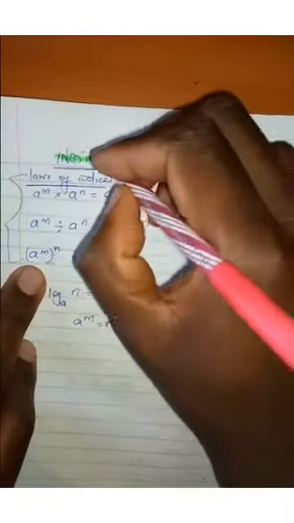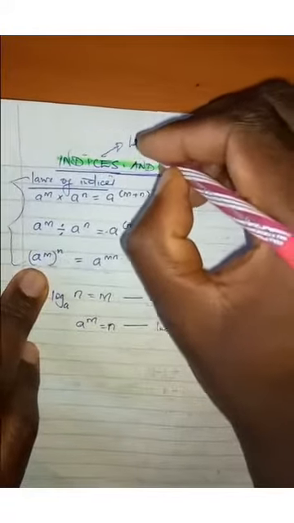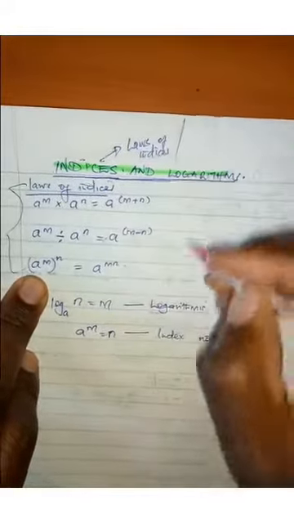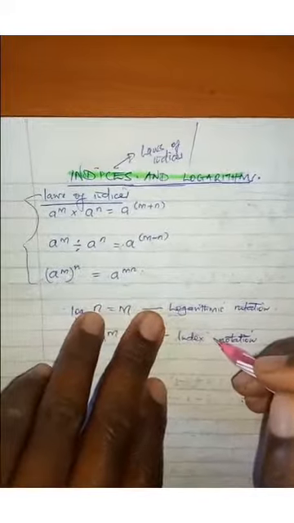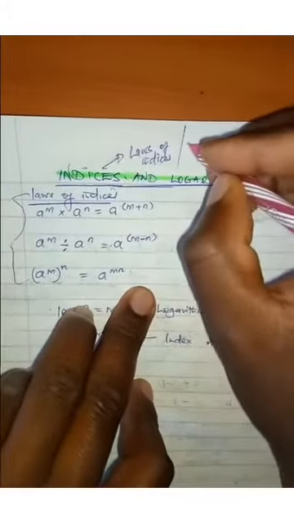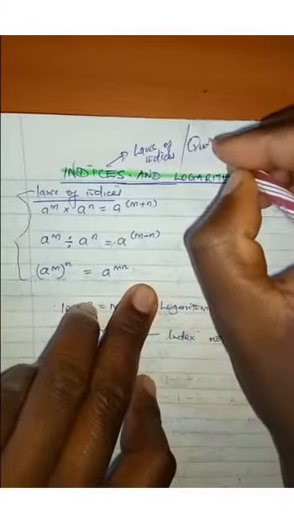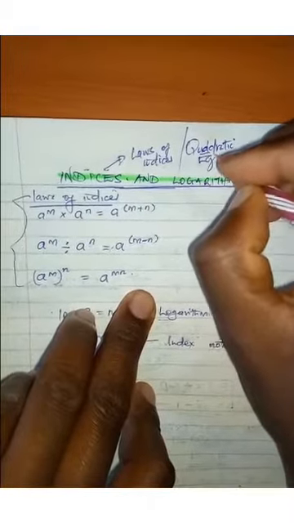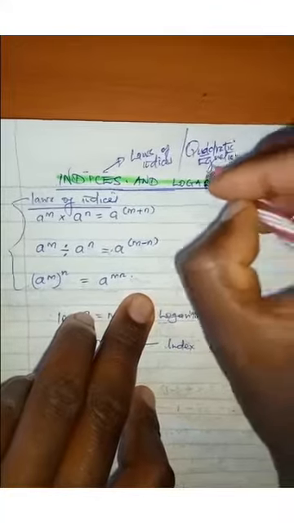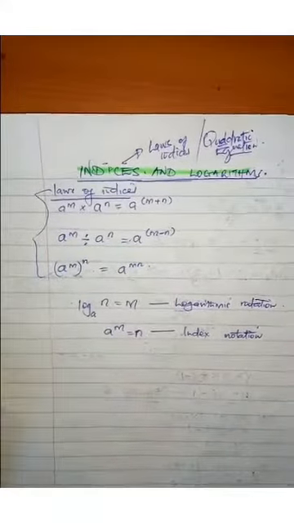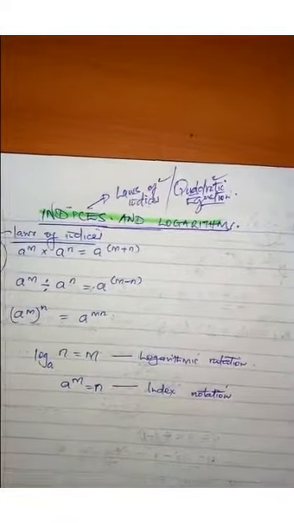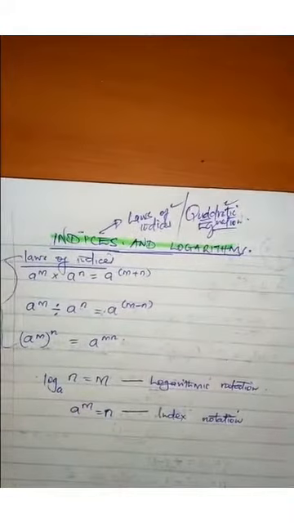You can either use the rules of indices, or you can rewrite your question in the form of a quadratic equation, and then solve to find the unknown values. I'm going to show you both methods, so be attentive.